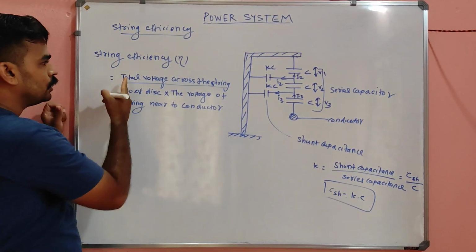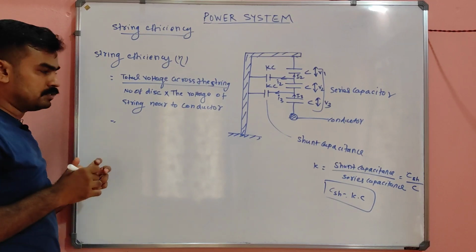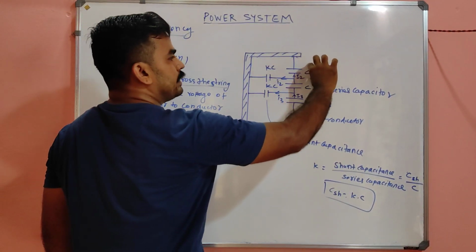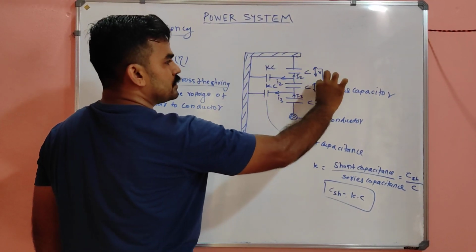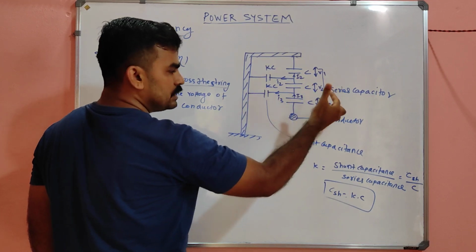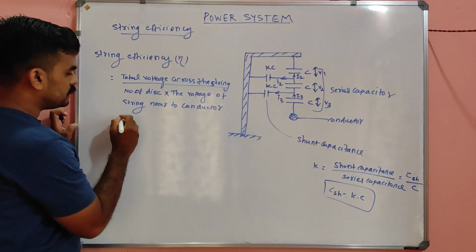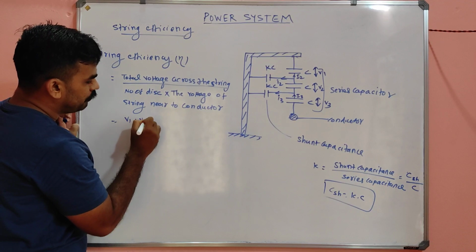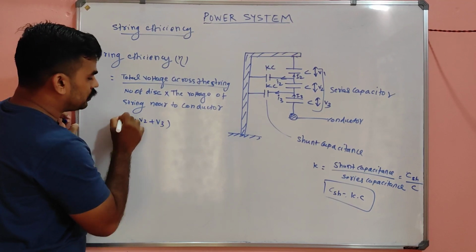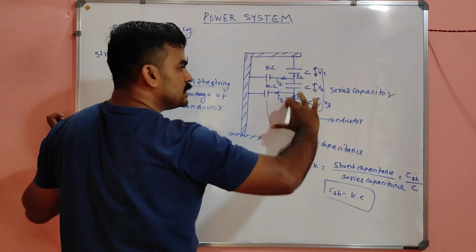Or I can say that the total voltage across the string means, as I already told you, this capacitor can withstand a voltage V1, this can withstand V2, and this can withstand V3. So V1 plus V2 plus V3 is the total voltage across the total string, my dear.